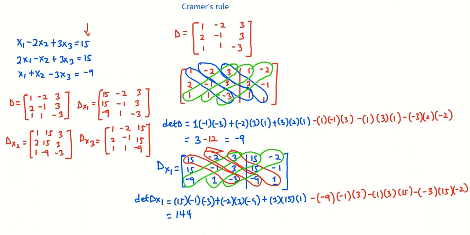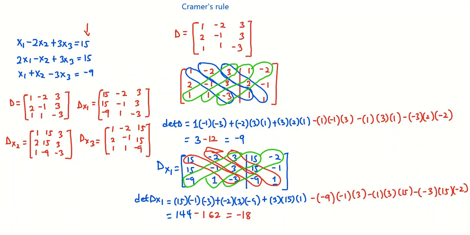So you have minus 9 multiplying minus 1 multiplying 3, minus 1 multiplying 3 multiplying 15, minus 3 multiplying 15 multiplying minus 2. This will give us a value of minus 162. Alright, so you have 144 minus 162.